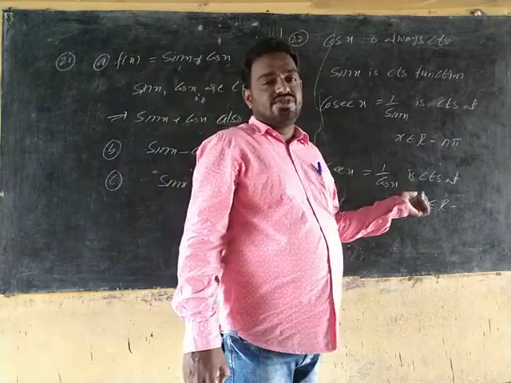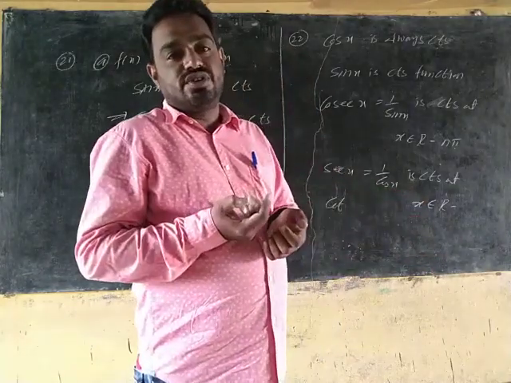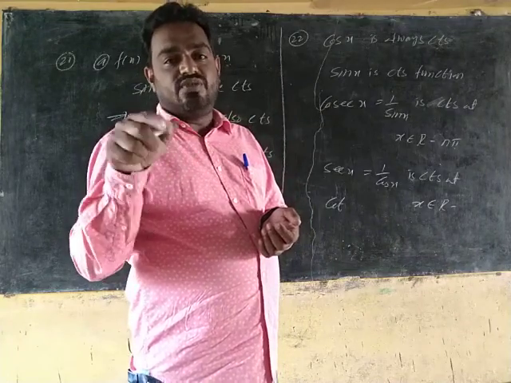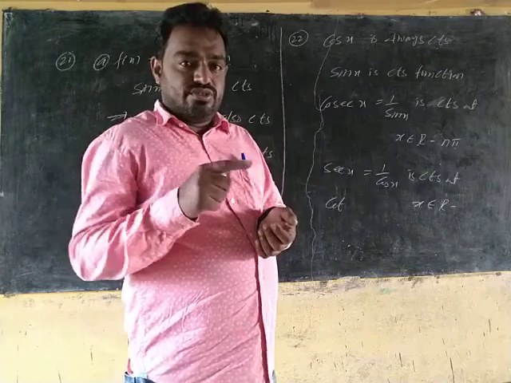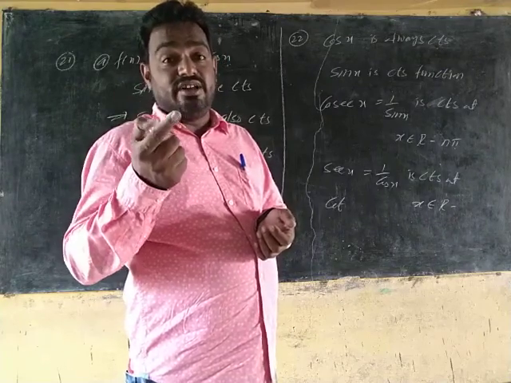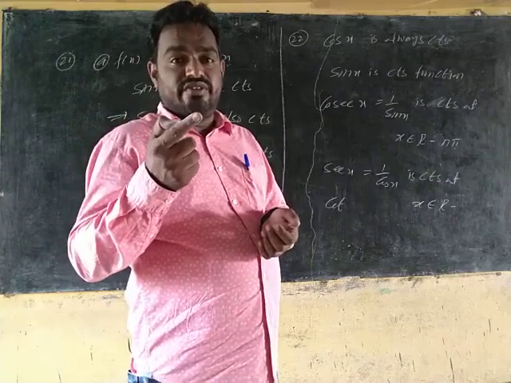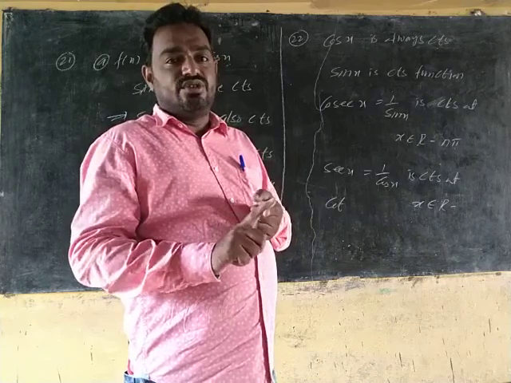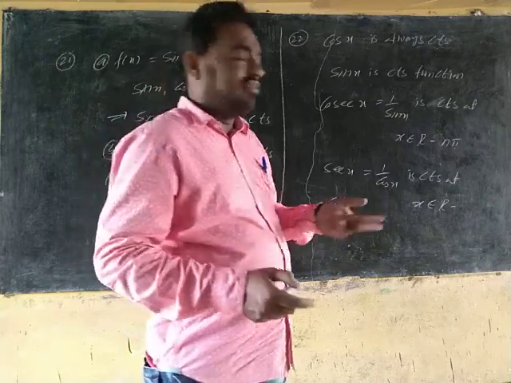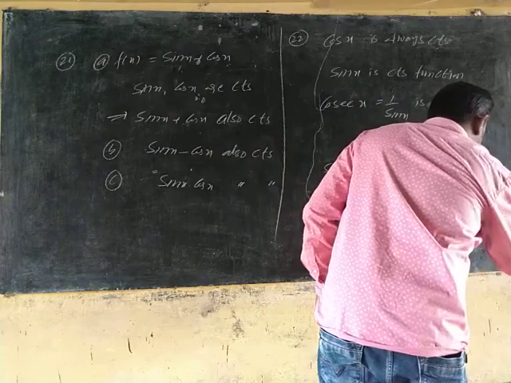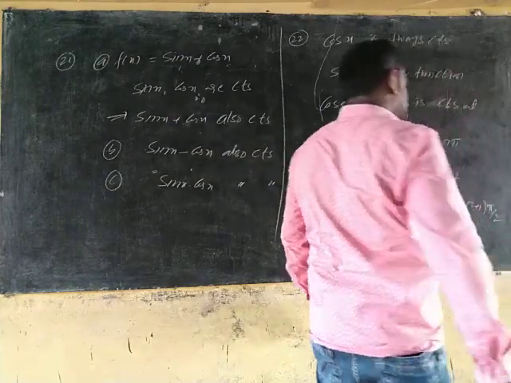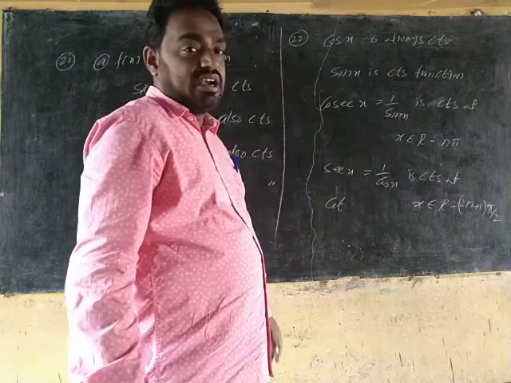Cos x is equal to 0 for all odd multiples of 90 degrees, that means 90, 270, and so on. How will we write those values? As 2n plus 1 pi by 2. The function is continuous except at these values.